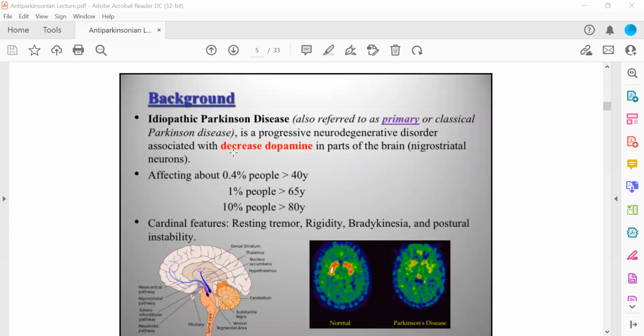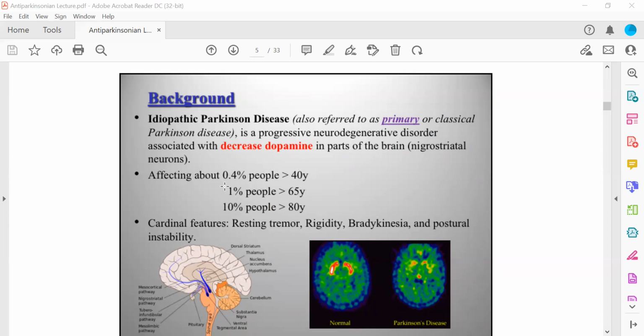This decrease in dopamine gives you all of these cardinal features, signs and symptoms, like resting tremor, rigidity, bradykinesia, and postural instability. All of these happen because there is a decrease in the neurotransmitter dopamine that regulates these different bodily functions. That's the reason why you see some of these signs and symptoms.